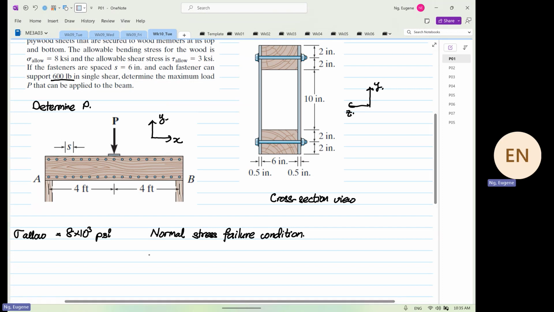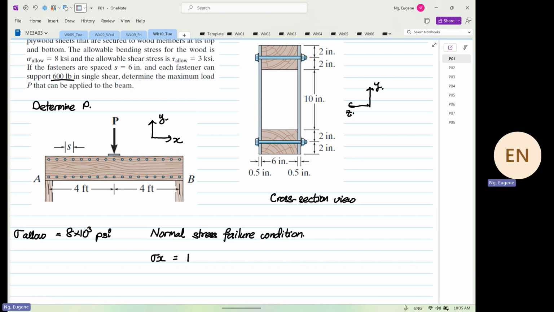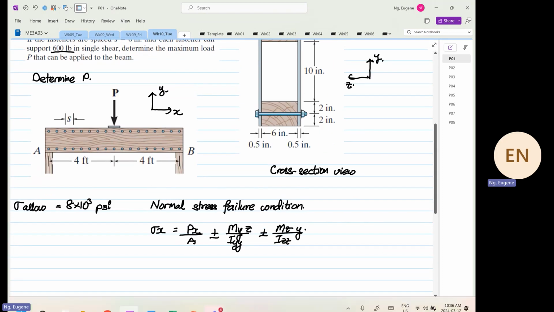So the formula that we're going to use is stress X is equal to Px over A plus or minus My over Iyy multiplied by Z plus or minus Mz over Izz multiplied by Y. Okay. To our blessing, there's no normal stress. There's no axial load. So this is due to what?